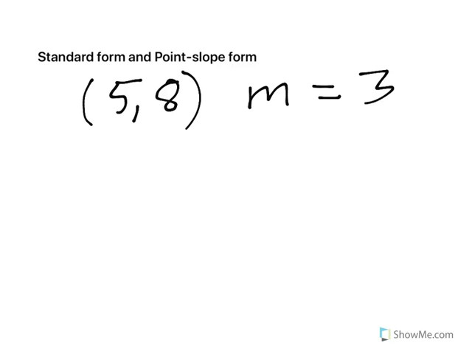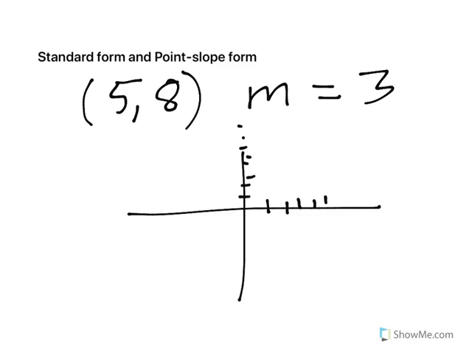Well, if you have the graph right there in front of you, you can go to the point (5, 8), say 1, 2, 3, 4, 5, and 1, 2, 3, 4, 5, 6, 7, 8. You can say the point's there and the slope is 3. So down 3 over 1, down 3 over 1, and so forth. You can say, yeah, the line looks something like that.